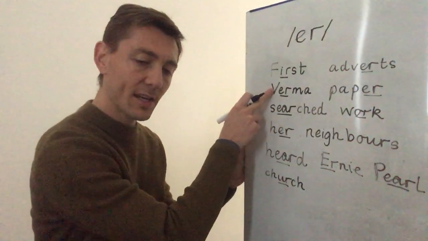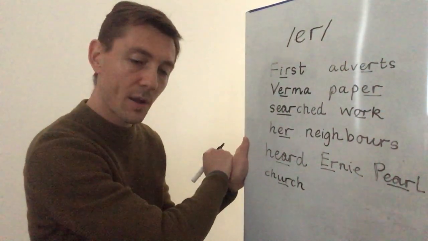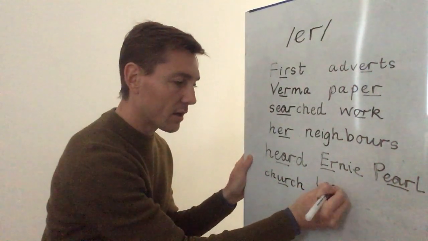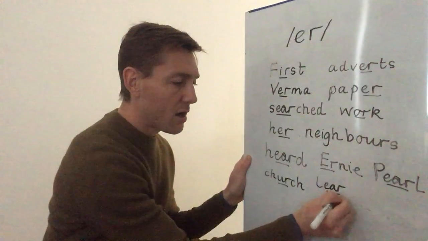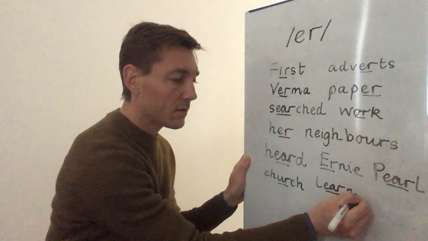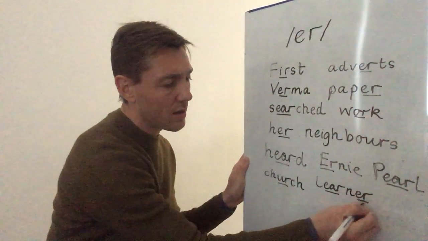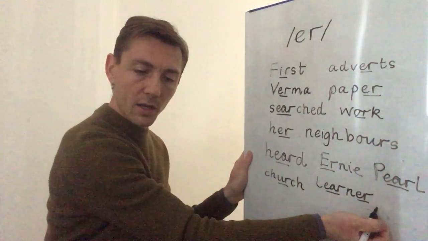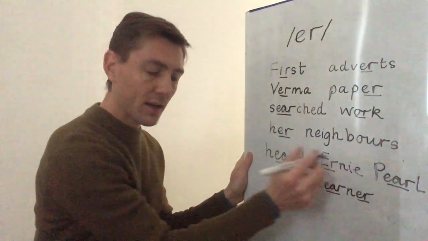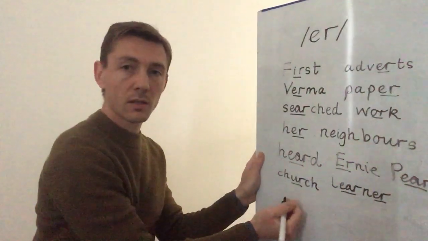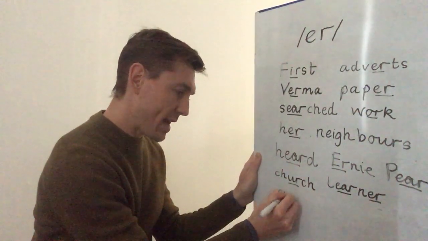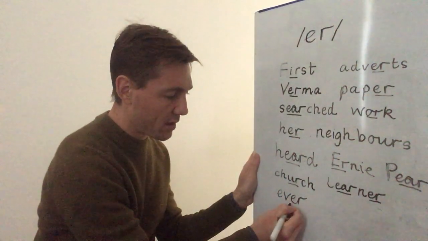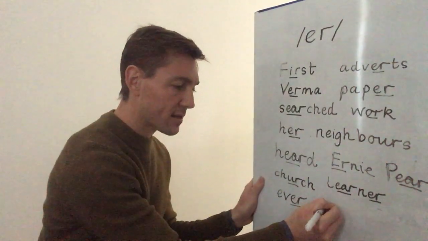Verma didn't know anything about gardens, but I'm a fast learner. Learner. I'm a fast learner and I'm ever so earnest.